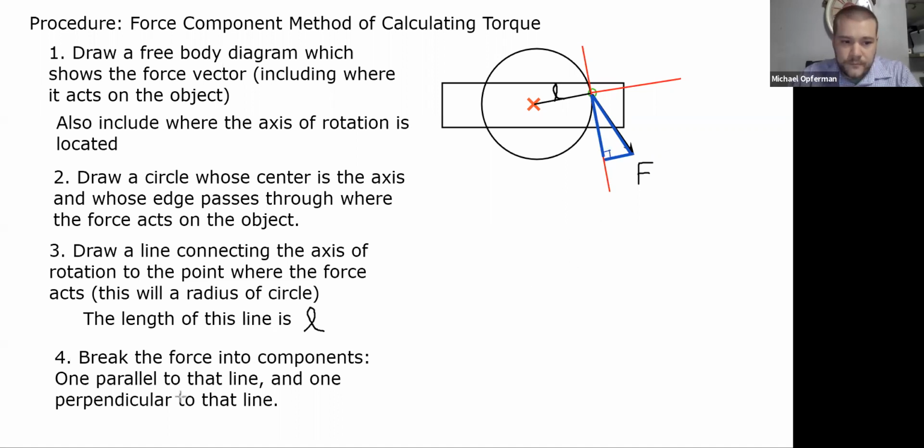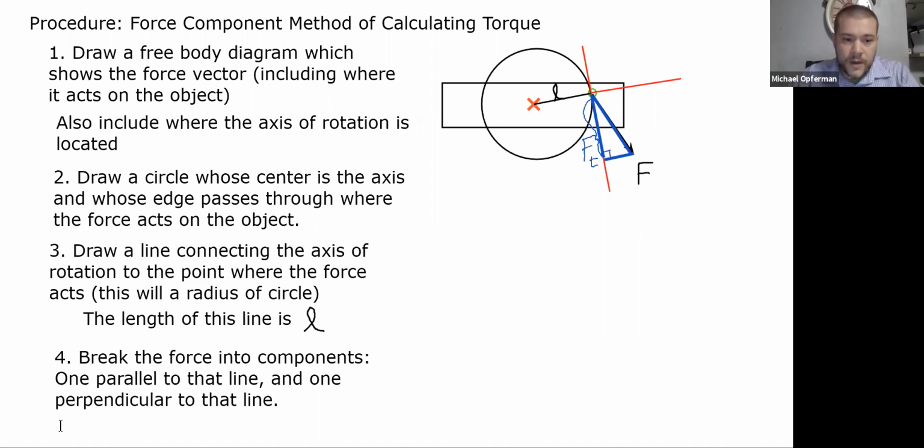Now, the side which is parallel to the tangent is what I call FT. So FT is this side. That's the one I'm interested in. The other side really doesn't matter. You can calculate it if you want to, but it doesn't make much of a difference. Actually, the other side is related to the centripetal force that we learned about earlier, which is not really the focus of this section of the course.